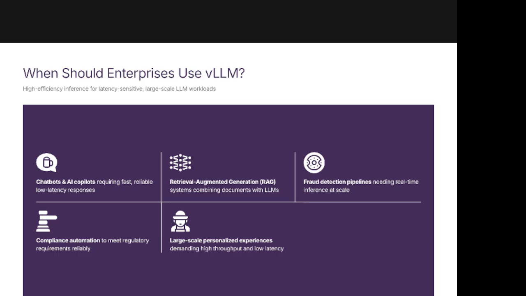It can be used for retrieval augmented generation, where for instance we are working with documentation and need to do the retrieval at a fast rate using the LLM. And since it can work in batching, it's ideal for fraud detection pipelines where we need real-time inference at scale.